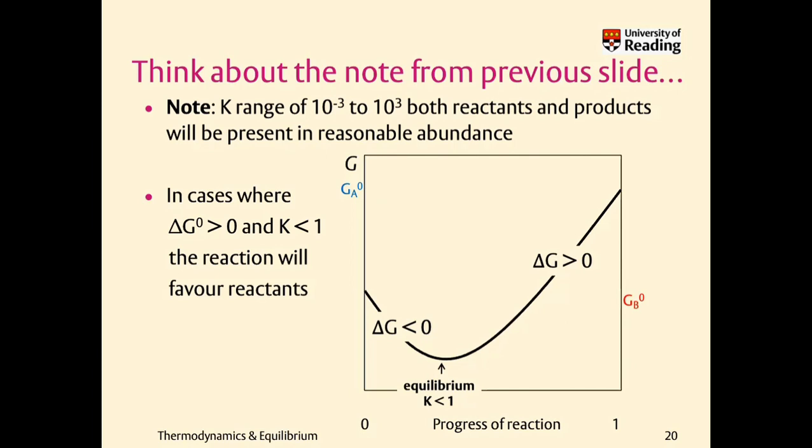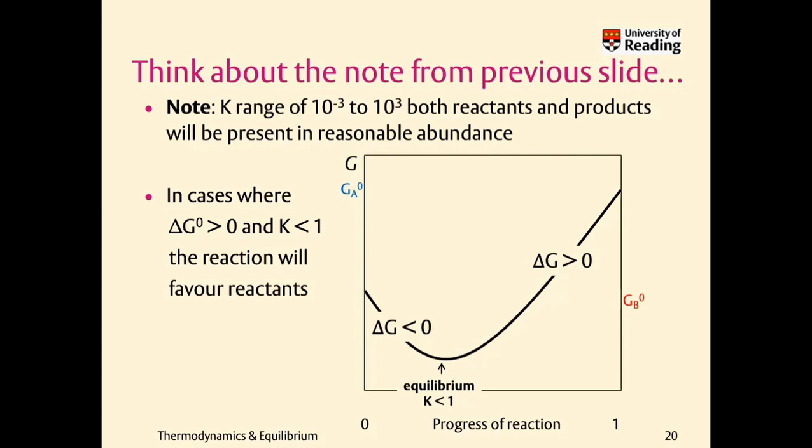This is still an equilibrium reaction, but in this case K is less than 1, which of course means that reactants are now favoured. There are more reactants at equilibrium than there are products.